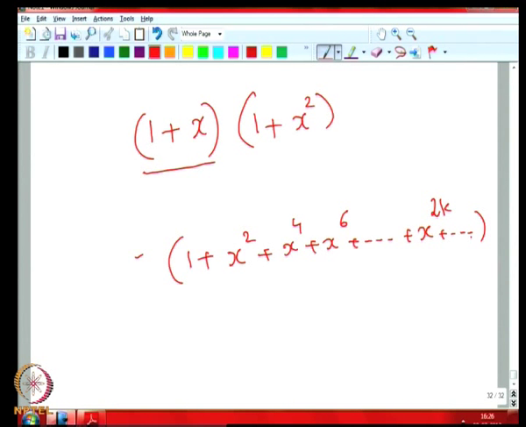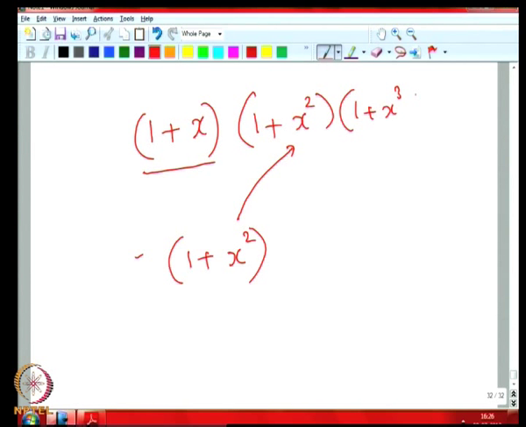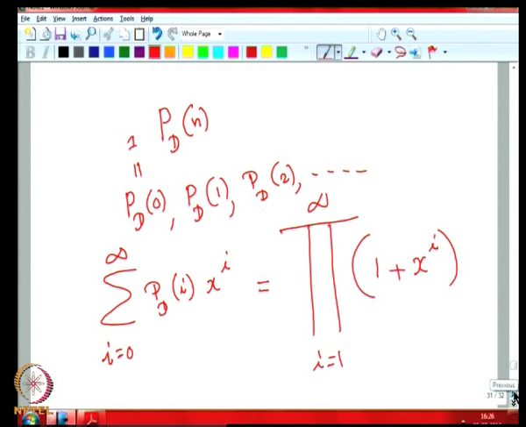But we are not allowing all those things now, because we are allowing only 1 two or no two, because we are talking about distinct parts. No part should repeat. Similarly 1 plus x cube, 1 plus x to the 4: one 3 will be allowed, one 4 will be allowed, not more than that. So this is why this generating function is like this. Yes, sum of PD of i into x raised to i.